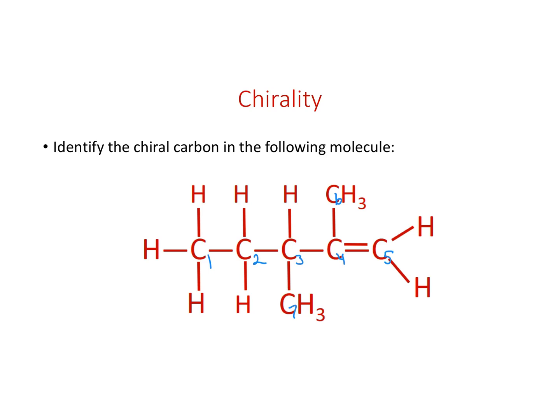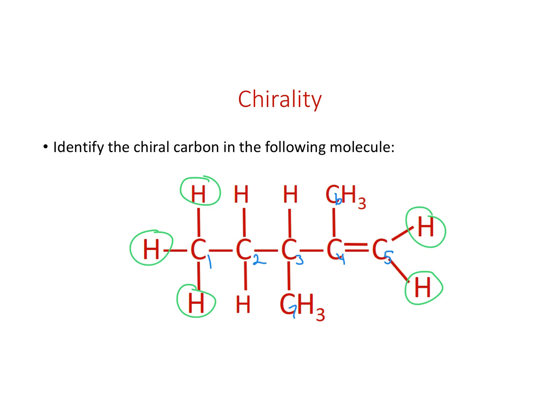Well, if we take a look at the molecule, in order to be chiral, you need to have 4 different substituents. So we can quickly and easily eliminate a few of these choices. Carbon 1 has 3 identical hydrogens. That cannot be chiral. Carbon 5 also has 2 identical hydrogens.